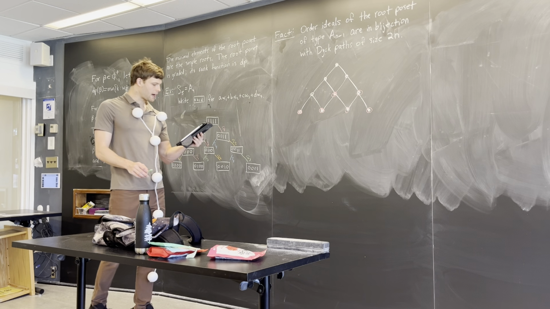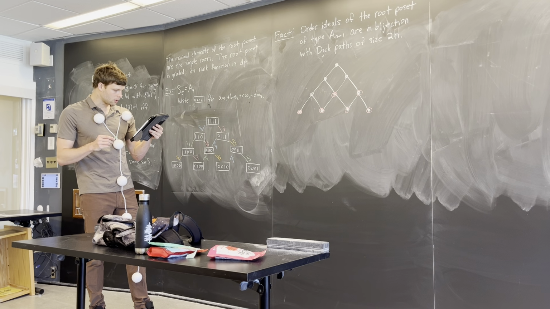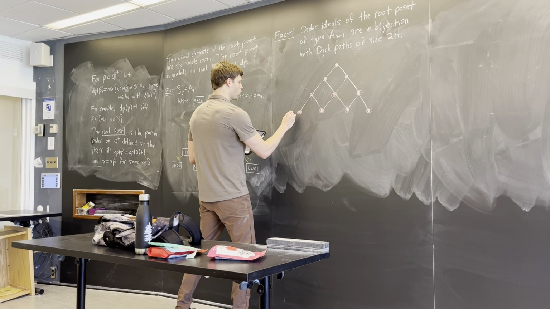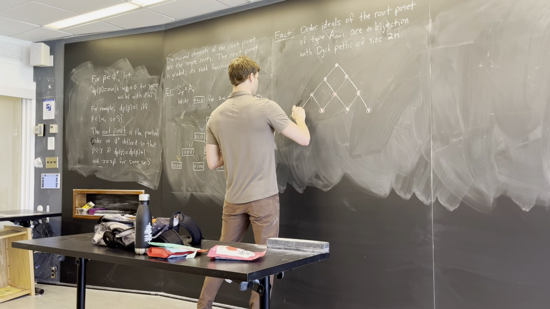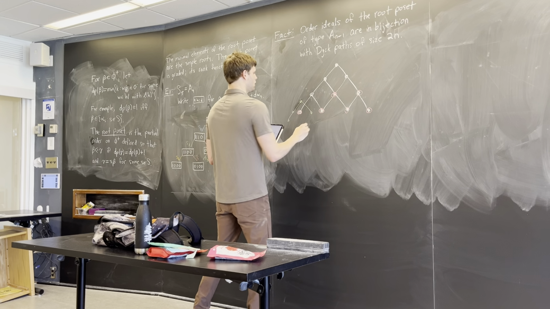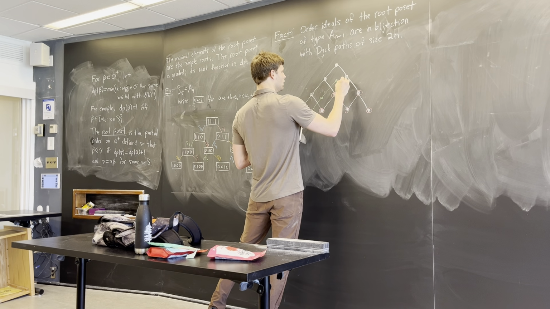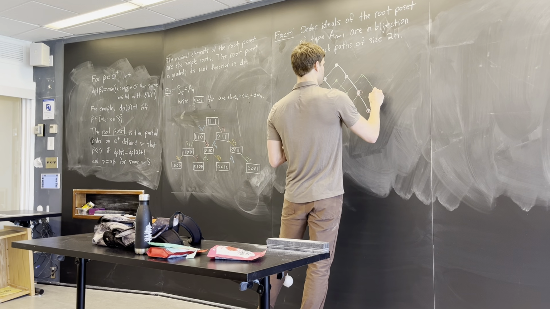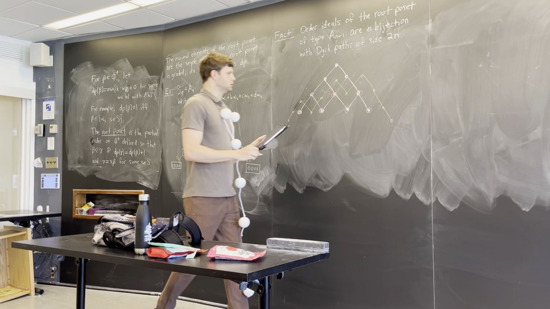Then I can get a Dyck path by doing the following. I sort of want to draw it like this. This is like one step up, then I go up again. It's kind of hard to draw this. Okay, so I go up, up, then I go down, then I go up, up, down, up, down, down, down, like that.